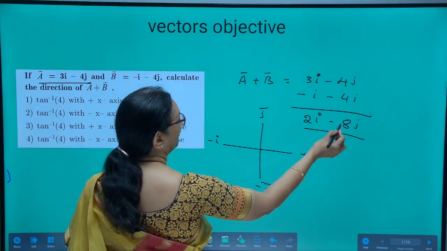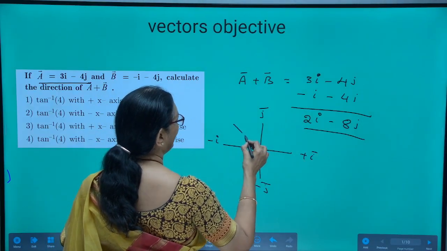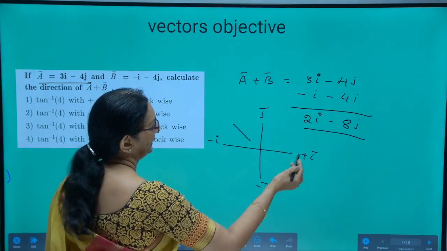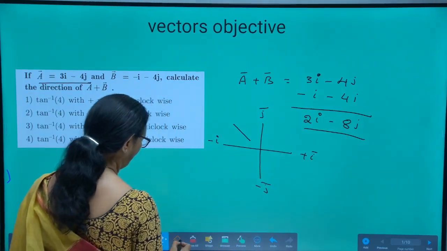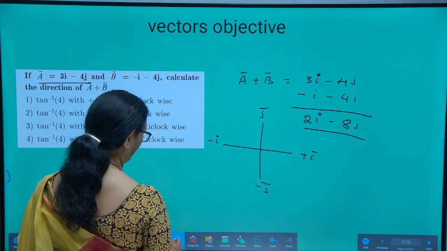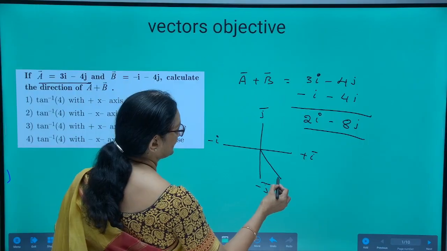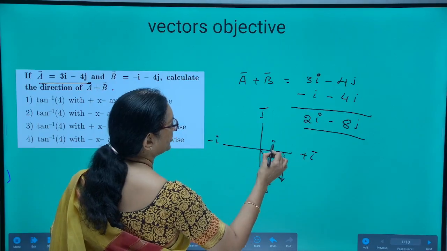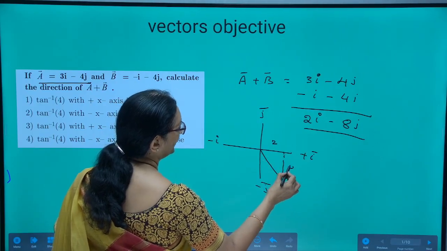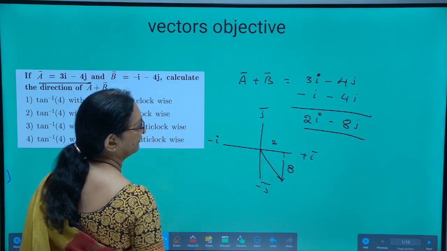So 2i minus 8j, in which quadrant will it be? i is positive, j is negative, so it will be in the fourth quadrant. It will be like this. Here the i component is 2 and the j component is 8 along the negative y-axis.